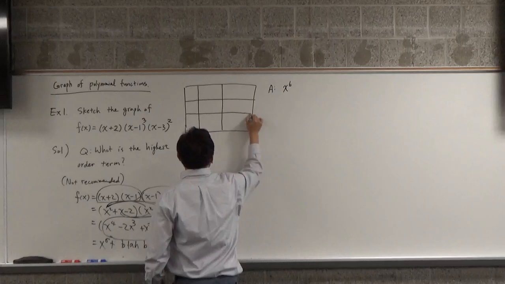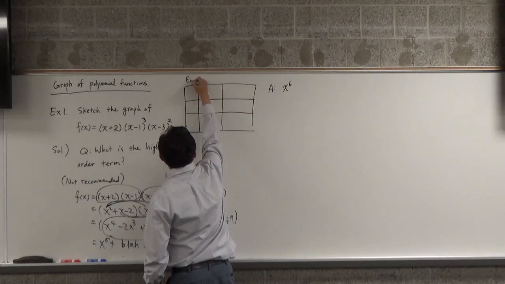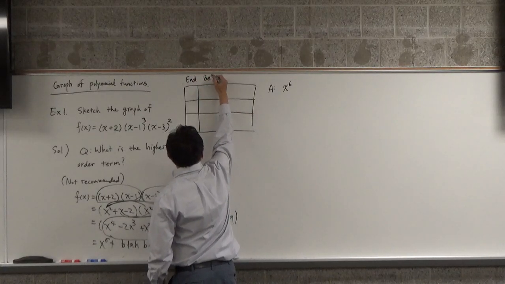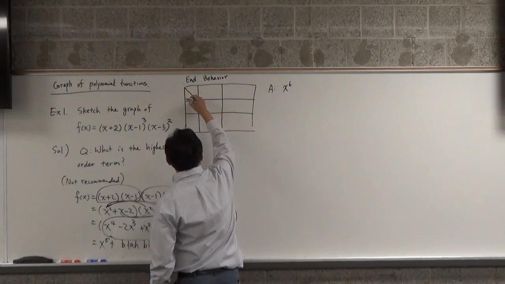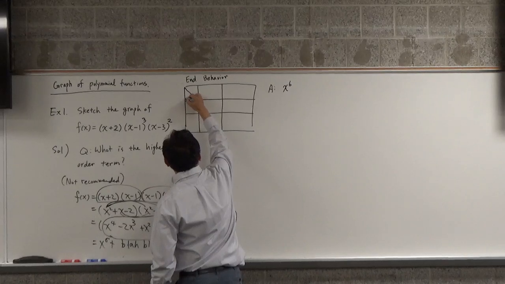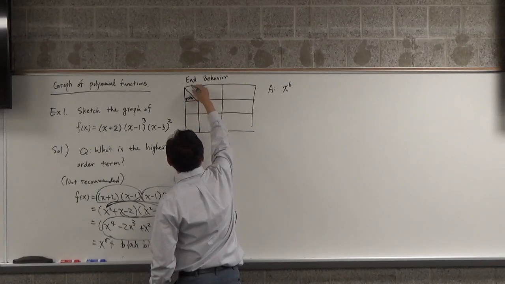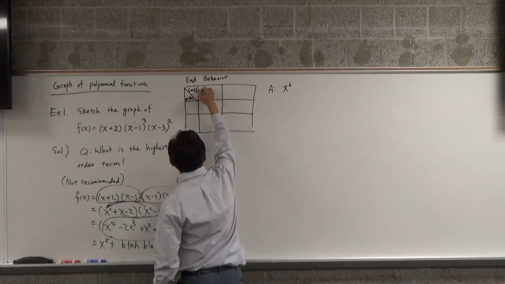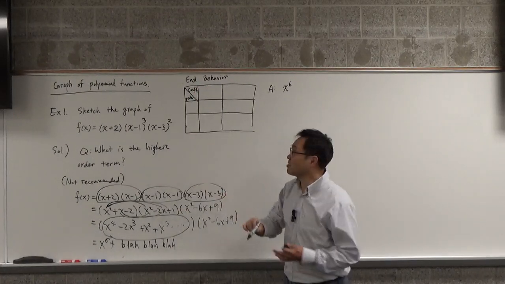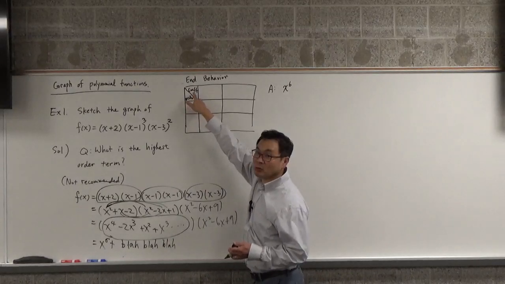But so this is end behavior. And it's about the order, and this will be coefficient. Sorry if my writing is small. I wrote order and then coefficient, okay?